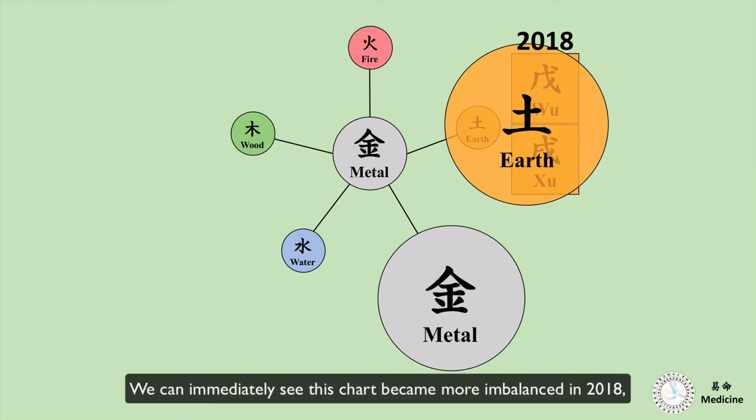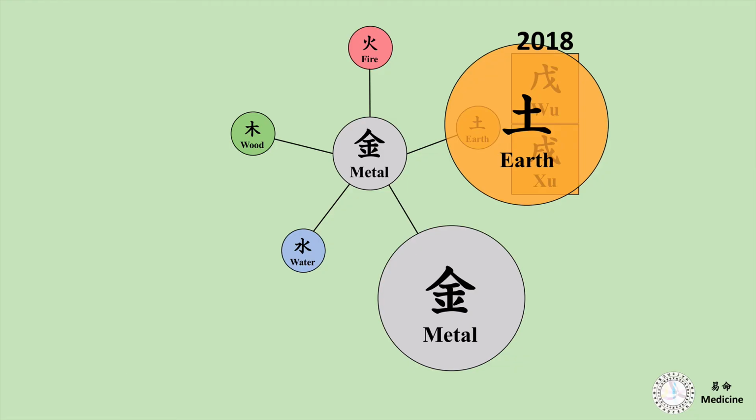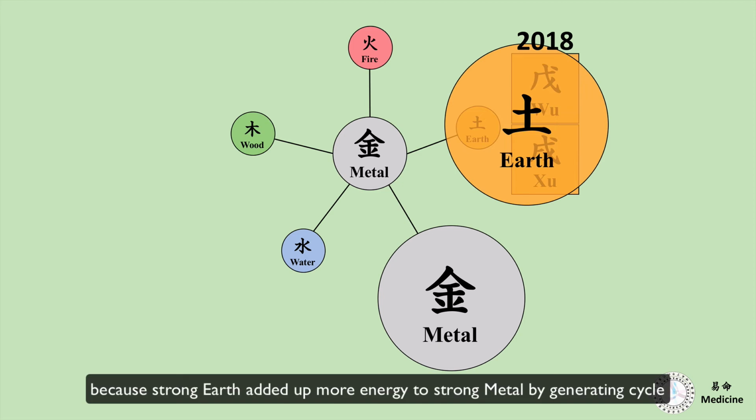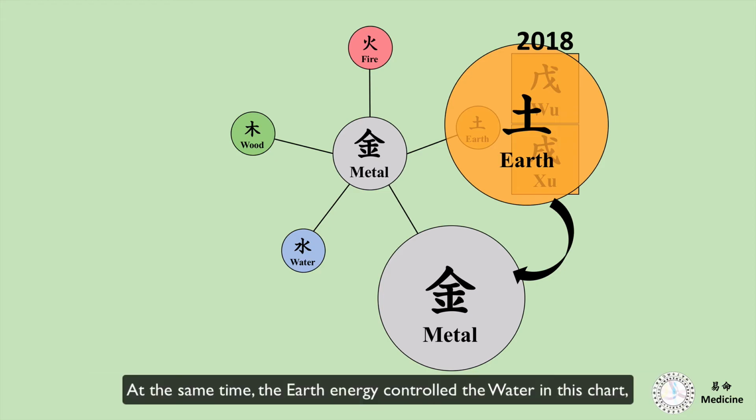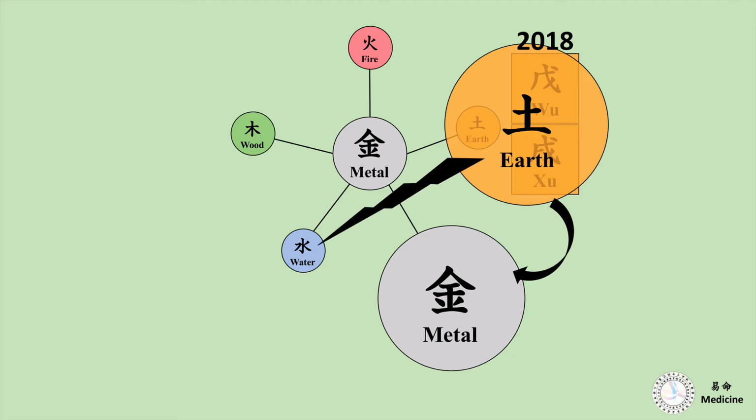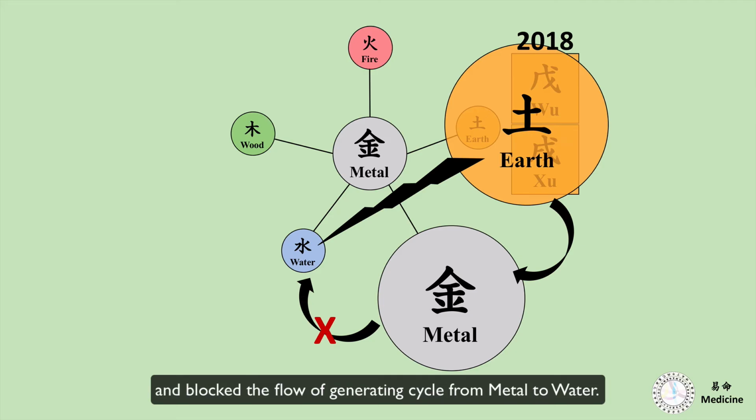We can immediately see this chart became more imbalanced in 2018 because strong earth added up more energy to strong metal by generating cycle. At the same time, the earth energy controlled the water in this chart and blocked the flow of generating cycle from metal to water.